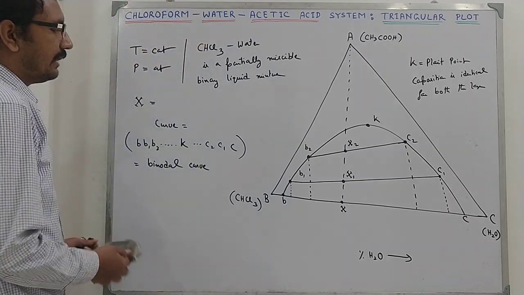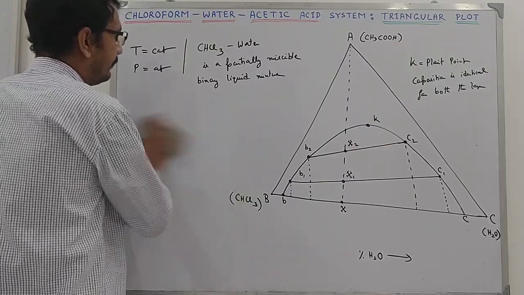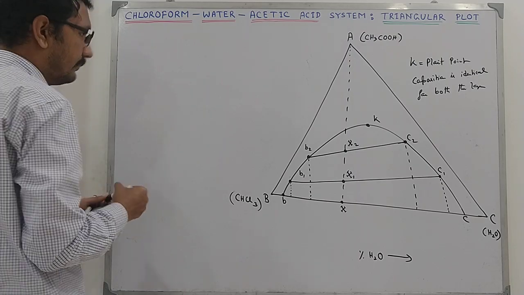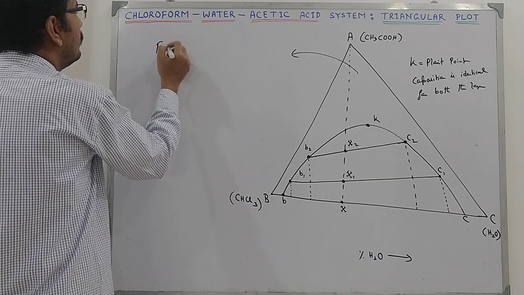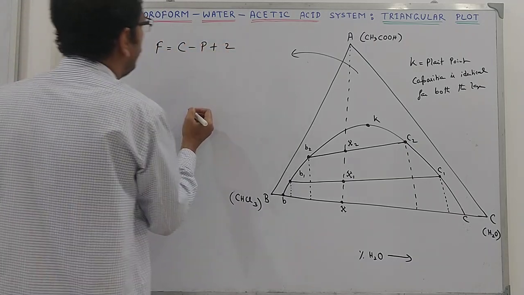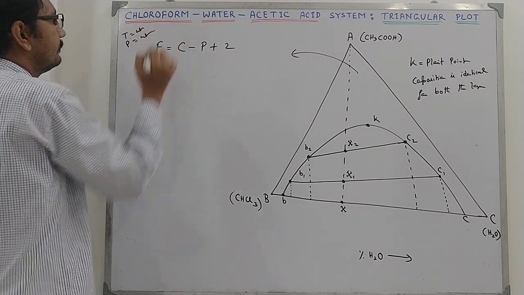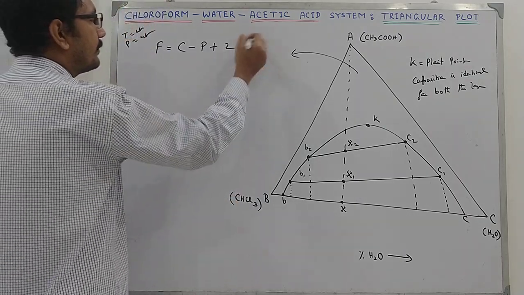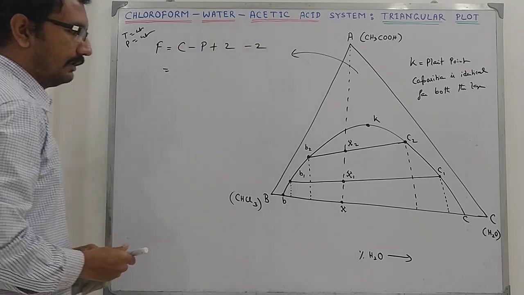Now if we try to find the degrees of freedom, what will it give us? Let us check. In this homogeneous phase, let us calculate first. We have the phase rule, F equals C minus P plus 2. Now you can remember both temperature and pressure were kept constant, so there are 2 restrictions, so we subtract it. Now components: it is a 3 component system.